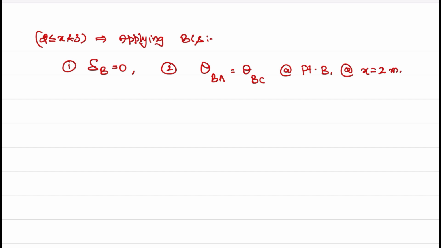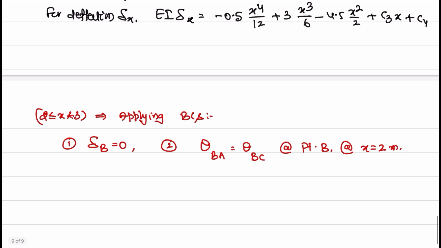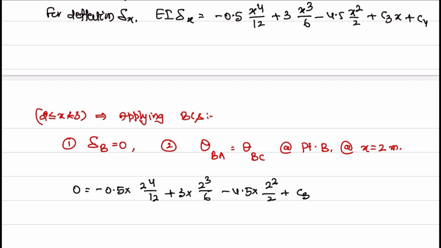Now, first boundary condition, deflection is 0. By applying this, as in the previous working, 0 is equal to minus 0.5 into x to the power of 4 by 12, x is 2 here, so 2 to the power of 4 by 12 plus 3 into 2 cube by 6 minus 4.5 into 2 square by 2 plus C3 into 2 plus C4, that is equal to 0.